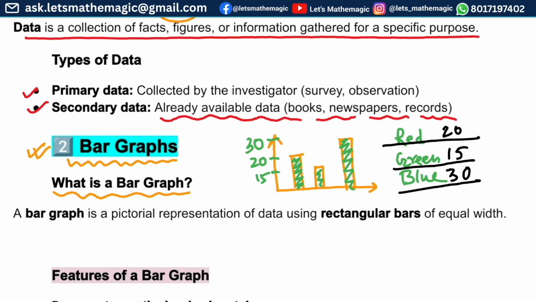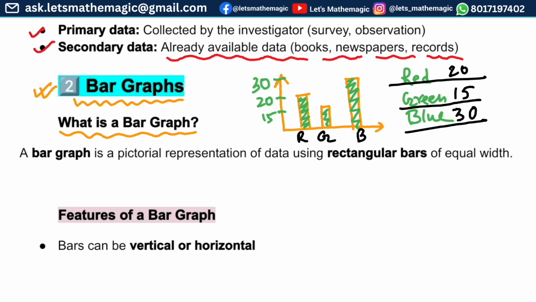Now based on that, we are going to draw the graph. Here we need to write that this is for red, this is for green, and this is for blue. This is just a sample picture, and usually we do this. This is called the vertical bar graph. There are horizontal bar graphs too, which can be vertical or horizontal.